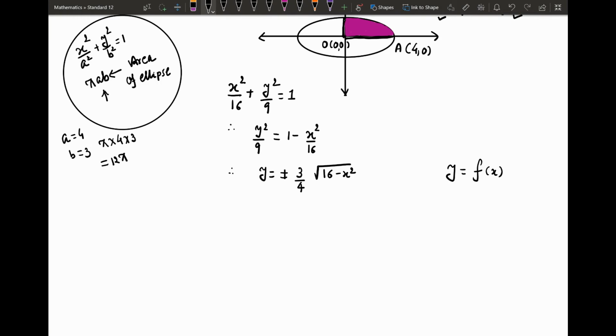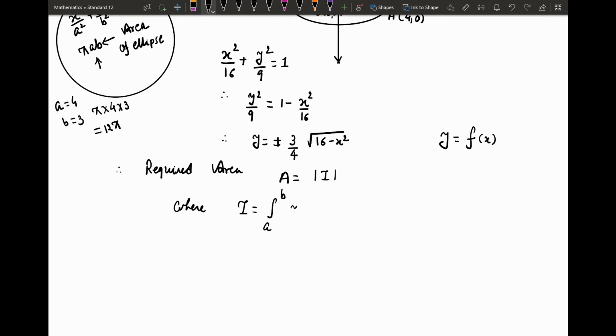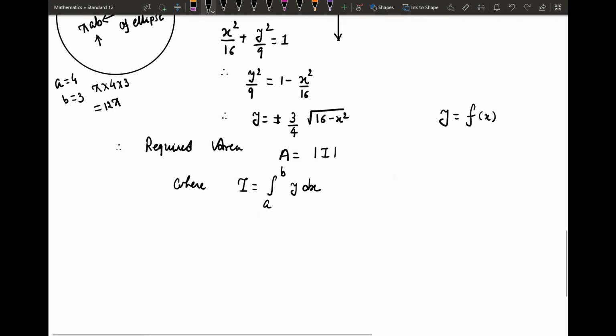So we will take y equal to 3 by 4 under root 16 minus x square. So therefore, required area A equal to mod I, or you can use integration a to b mod y dx, where I is integration a to b y dx.